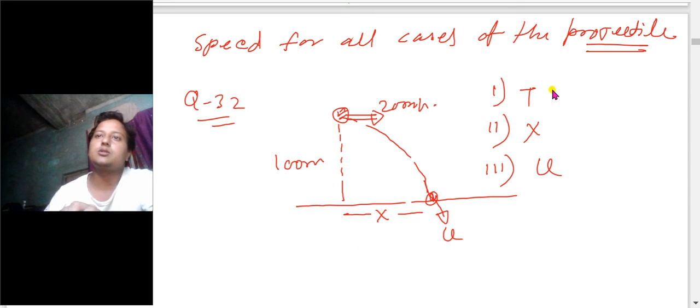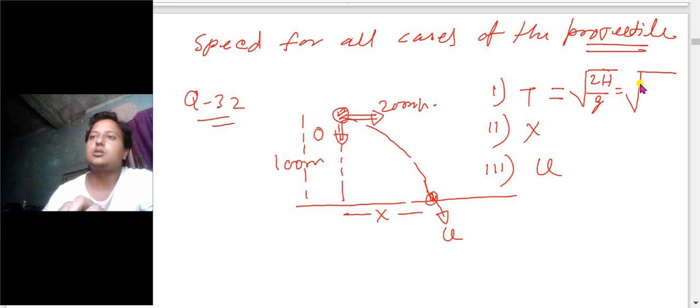We know time of flight: in this direction, vertical speed is 0. So time of flight is simply under root 2h over g. That equals under root 2 times 100 over 10. So that equals 2 under root 5.